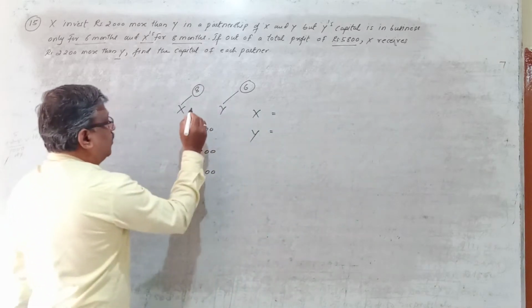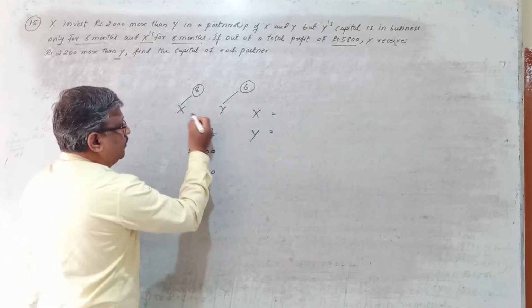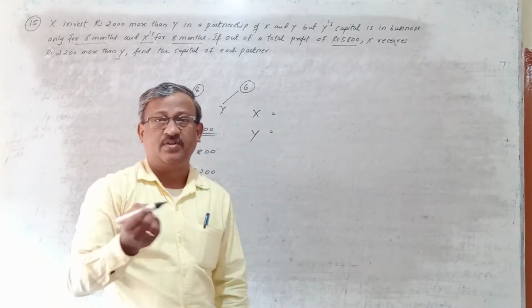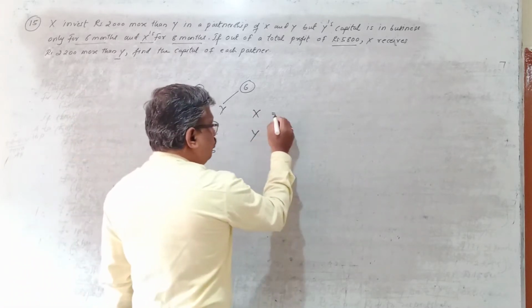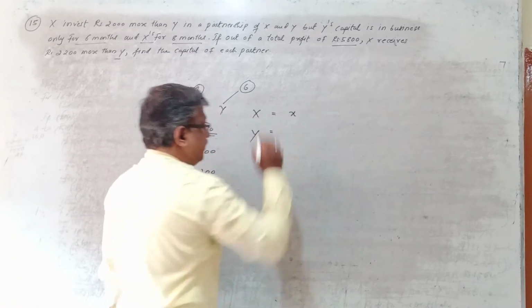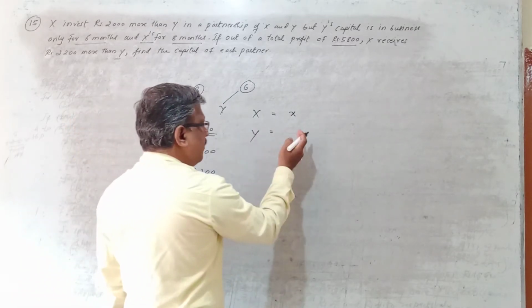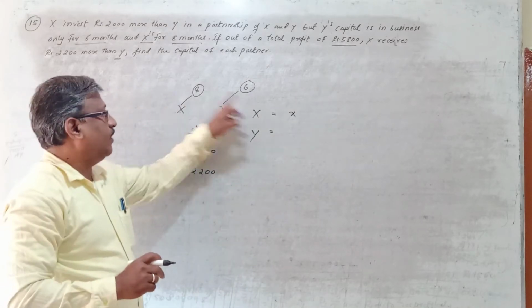We know X has invested 2000 rupees more than Y. Means X's capital is more than Y's capital by 2000. So 2000 is the difference between the capitals of X and Y. So suppose X's capital is x, then what should be Y's capital? Y's capital should be less by 2000, because X's capital is more.